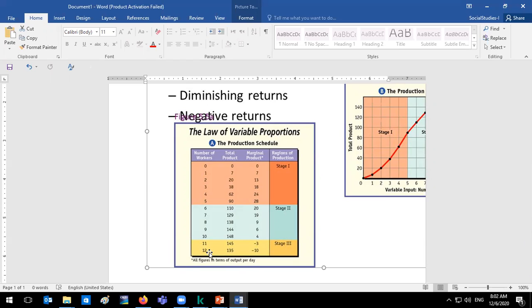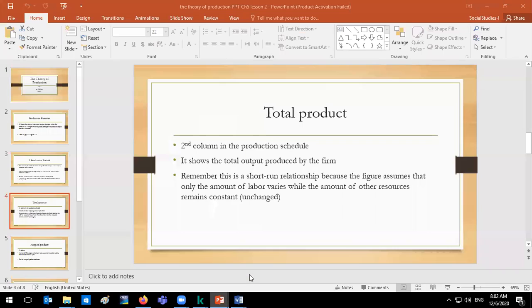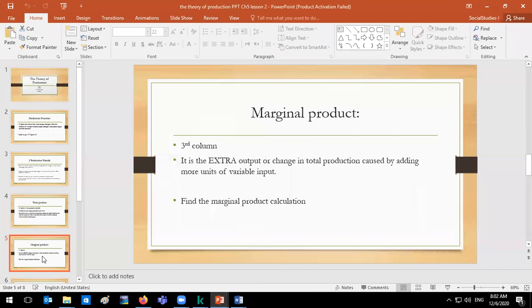Now, as a producer, I'm not only concerned with my total product. What I really am concerned with is my marginal product, and this is what the stages are concerned with as well. The marginal product is my third column. Remember, the word marginal means additional, or the extra output.